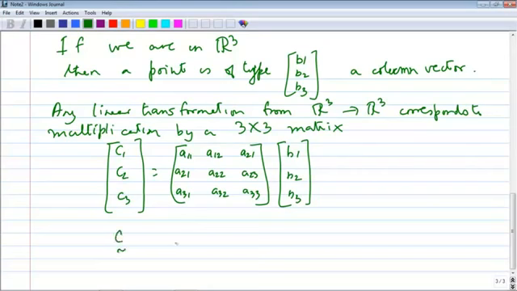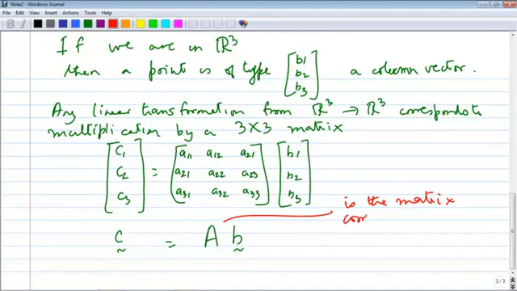So C is the product of matrix multiplication in this way, and A here is the matrix corresponding to the linear transformation. Okay, so this is just standard linear algebra. Any linear transformation can be expressed by a matrix, and a matrix is obviously a linear transformation.